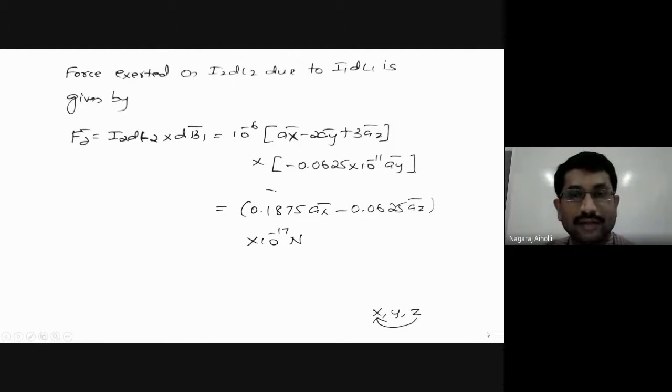It is minus. Look here, I'll tell you the reason. If you go from X to Y, you are getting Z. If you go from Y to Z, you are getting X. If you go from Z to X, you are getting Y. It is cyclic: X to Y, Y to Z, Z to X. Now here, what is the product we are getting?